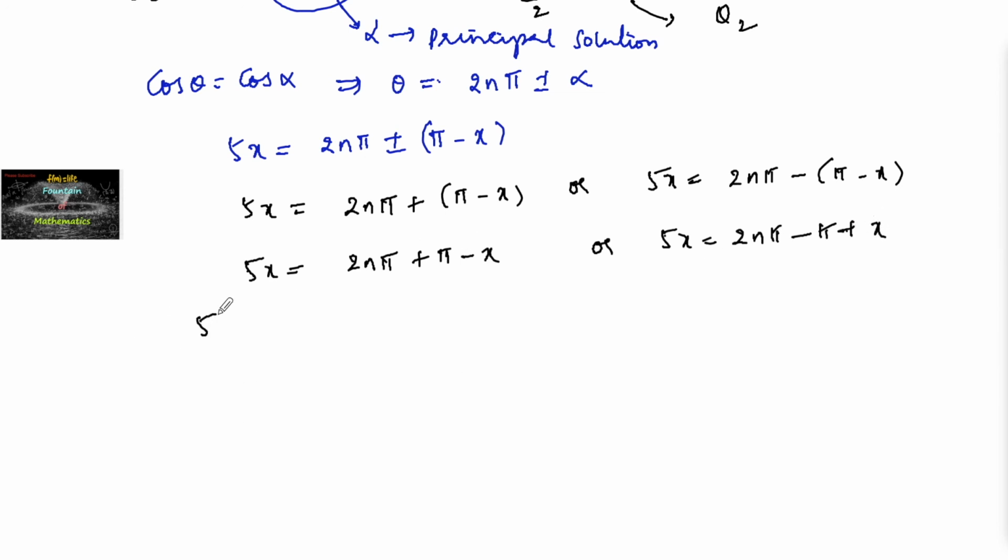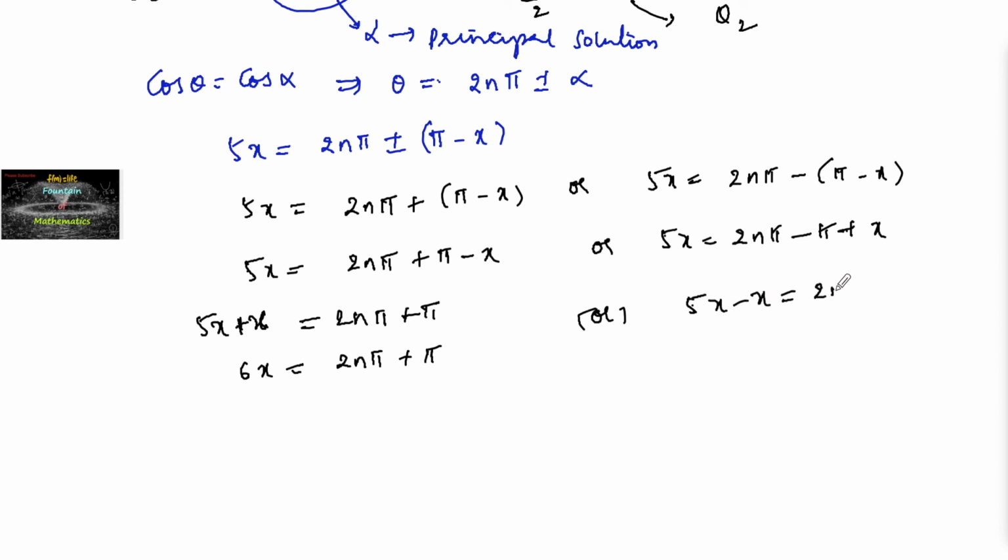So here 5x plus x, that is 6x, is equal to 2n pi plus pi, or here 5x minus x, that is 4x, is equal to 2n pi minus pi, sorry.